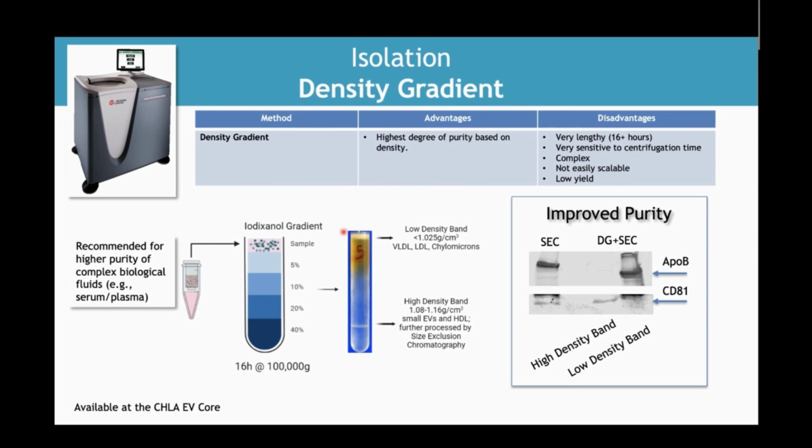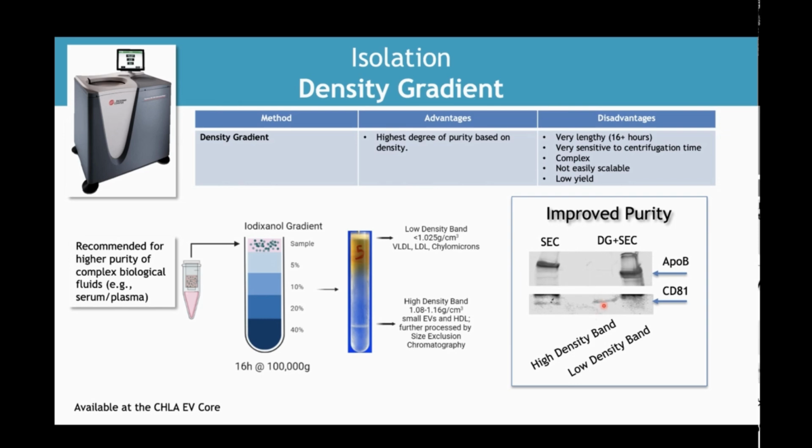And then we see at the end of the centrifugation that we have two bands: one a low density band containing VLDLs, LDLs, and chylomicrons, and a high density band at the density of exosomes, which contains small EVs and HDLs, which can then be further processed by size exclusion chromatography to separate the HDLs, which are a lot smaller than EVs.